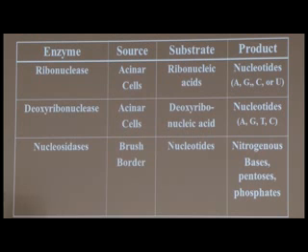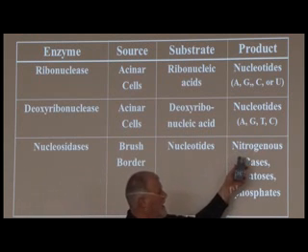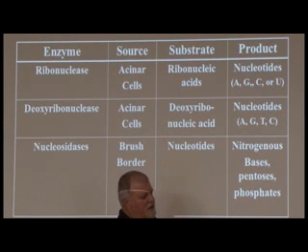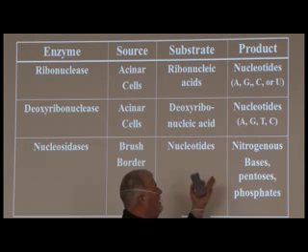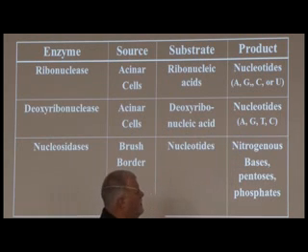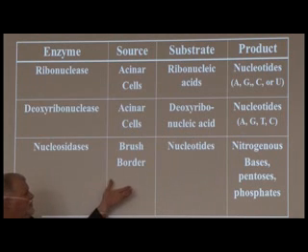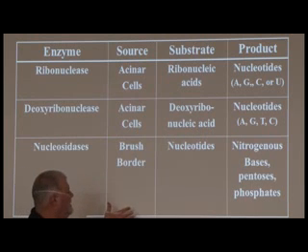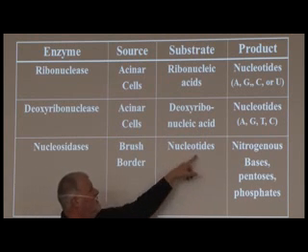And what we're going to end up with then is this nucleotide, which, remember, is the sugar, ribose or deoxyribose, with a phosphate attached to it, and then this nitrogen base: adenine, guanine, cytosine, thymine, or uracil. And then we also have a brush border enzyme, produced by the cells lining the small intestine, that breaks down nucleotides.